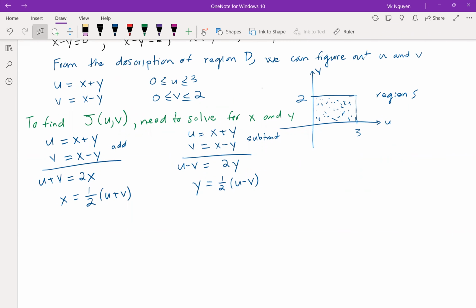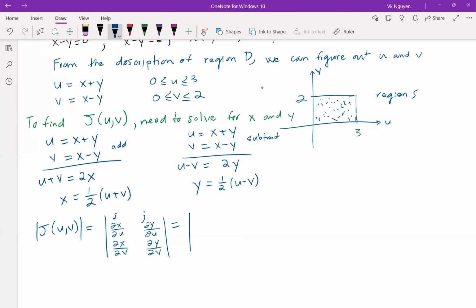And then from there we can figure out the Jacobian. Partial x with respect to u, partial y with respect to u, partial x with respect to v, partial y with respect to v.